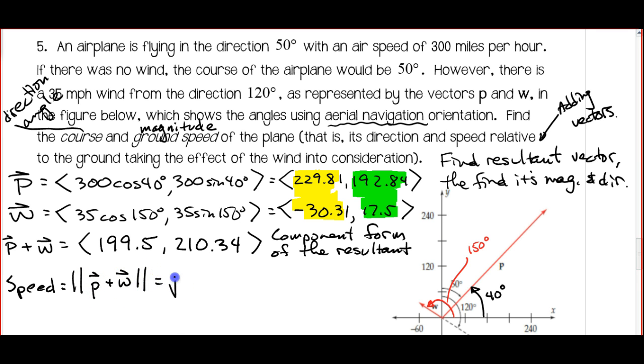So that's going to be the square root of 199.5 squared plus 210.34 squared. And that should be about 289.9 miles per hour. So you can see that it slows the plane down a bit.